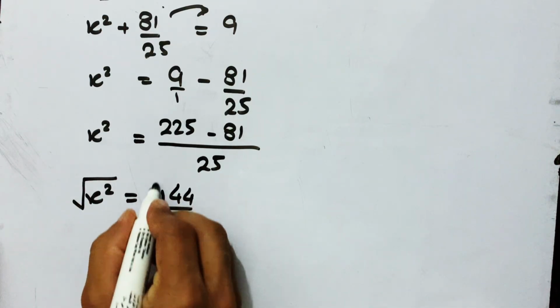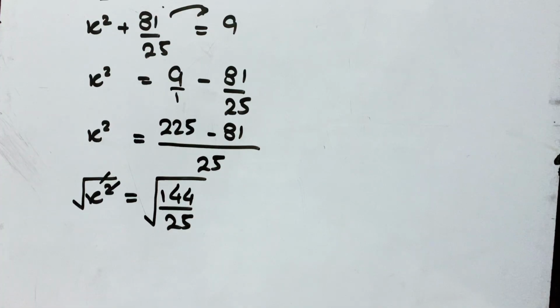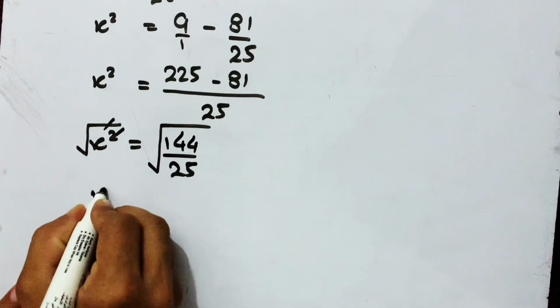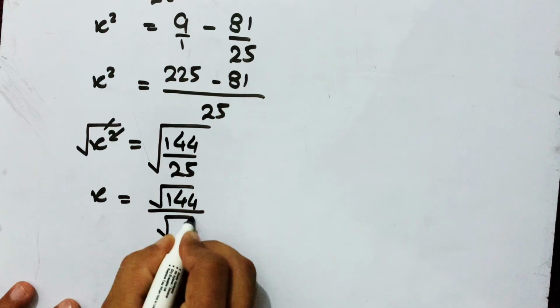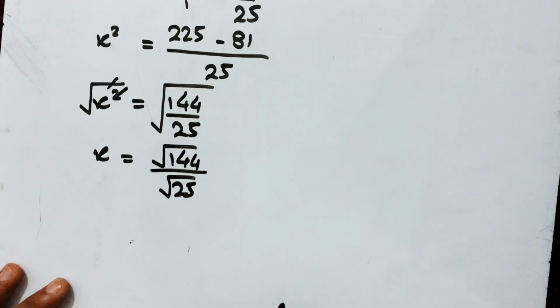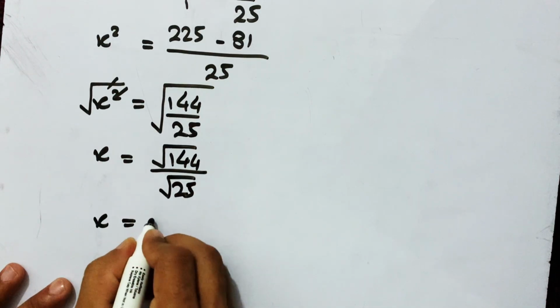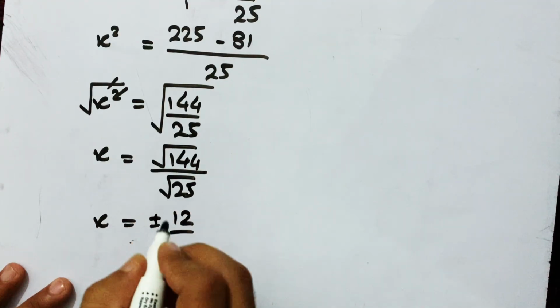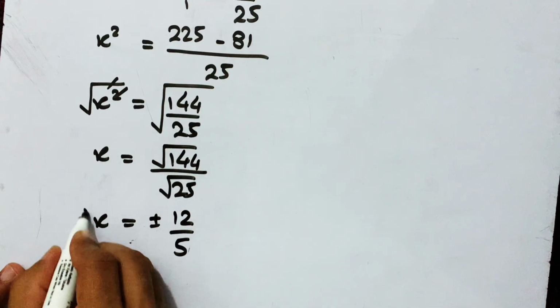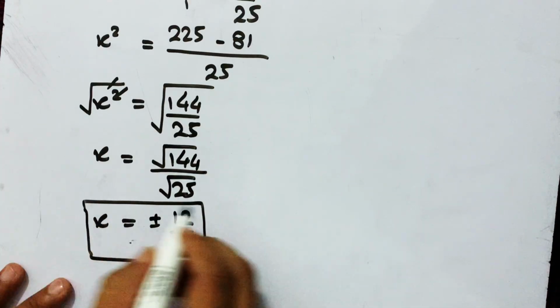Taking the square root, x is equal to the square root of 144 over the square root of 25. The square root of 144 is 12 and the square root of 25 is 5. So our answer is 12 by 5.